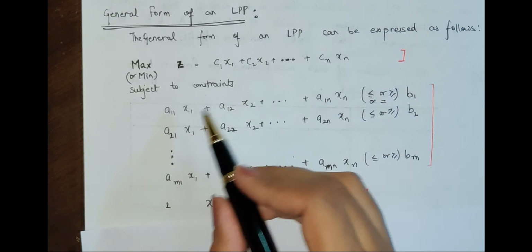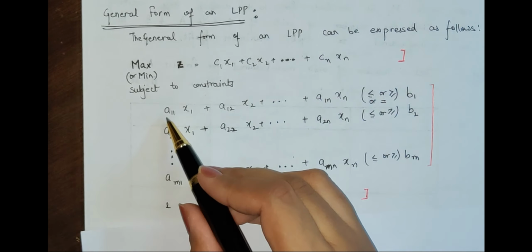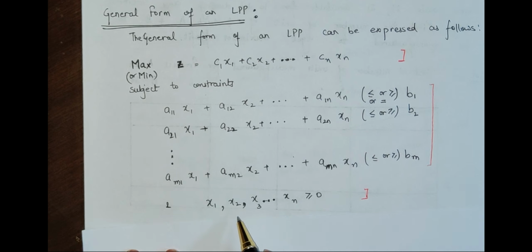So we can see there are m equations and n variables. And last but not the least is the non-negativity restriction, in which we are saying that each variable value has to be positive, greater than or equal to 0.